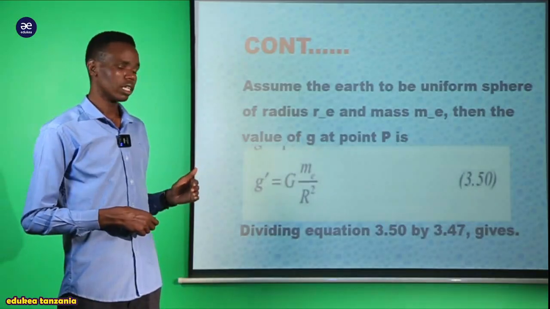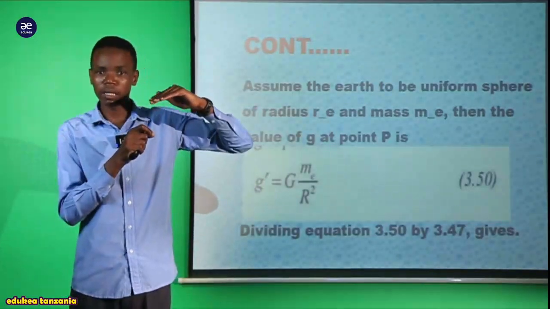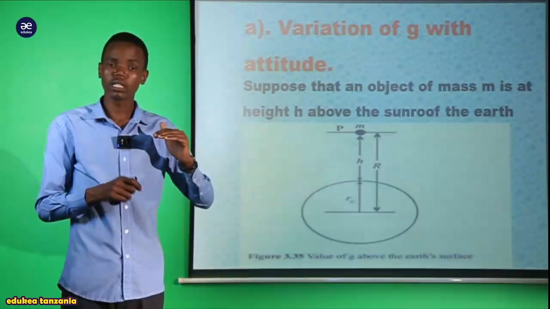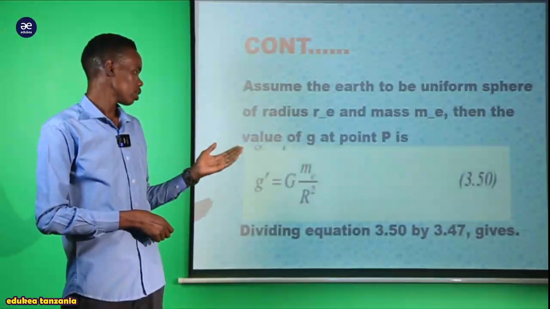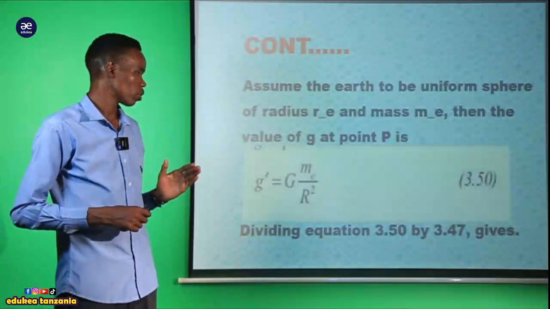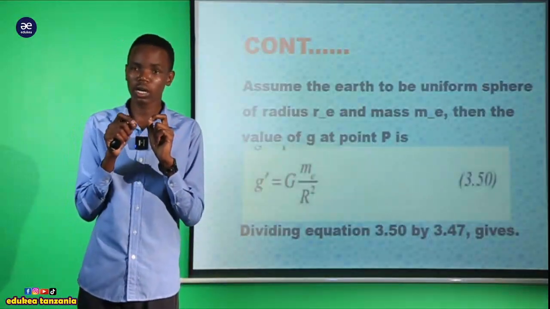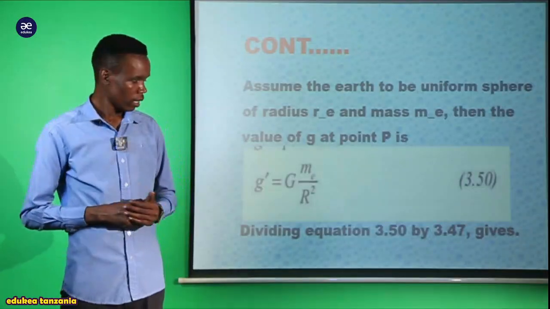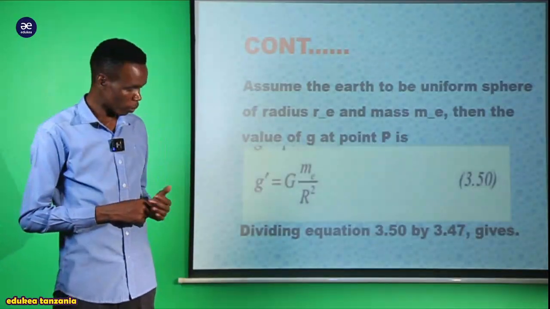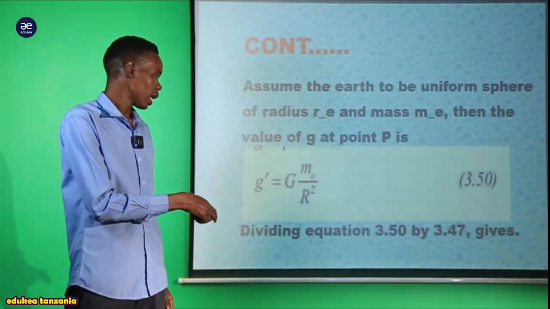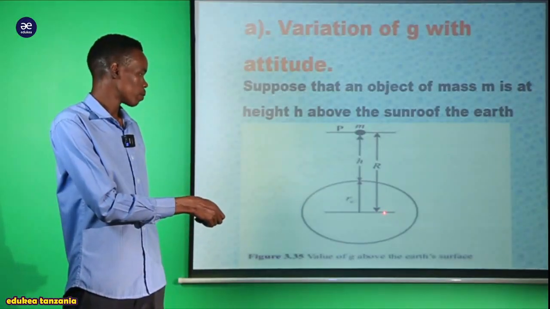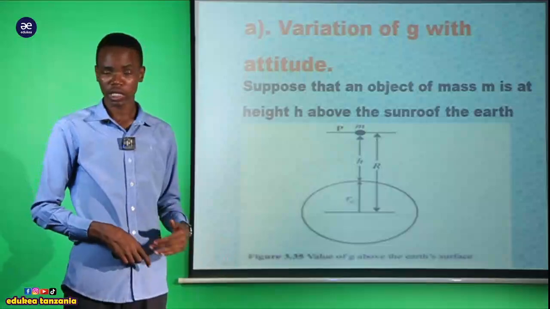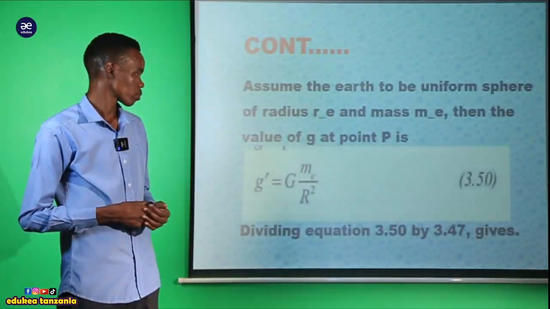So after that, if we recall our formula, the acceleration due to gravity at a certain point P here should be represented by g dash, as we can observe here. g dash must be equal to the universal gravitational constant G multiplied by the mass of the S, then divided by r square, but this r is the distance from the center up to the mass, where the mass is located at a certain altitude there.